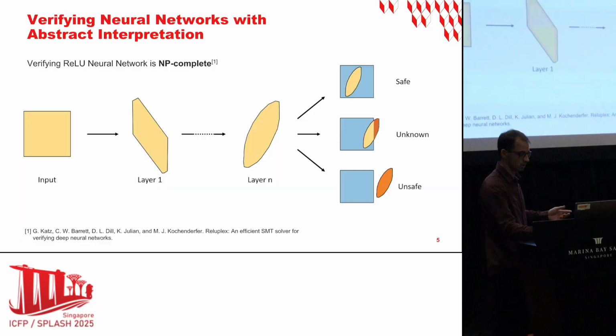How do we do that? So first of all, verifying neural networks is something that is hard. Indeed, it's an NP-complete problem for ReLU neural networks. So what we do is use abstract interpretation. In neural networks, we have our property, which is the input set.